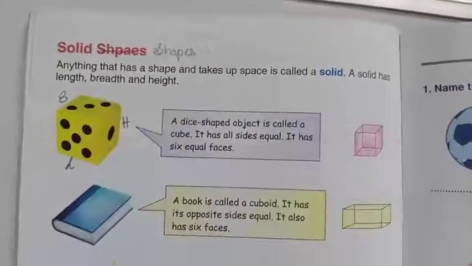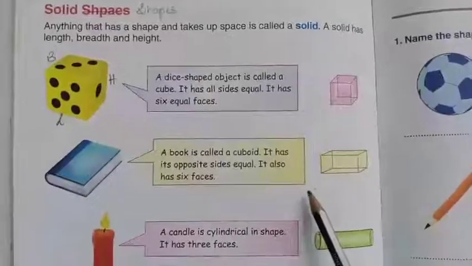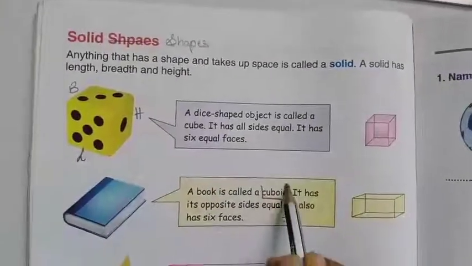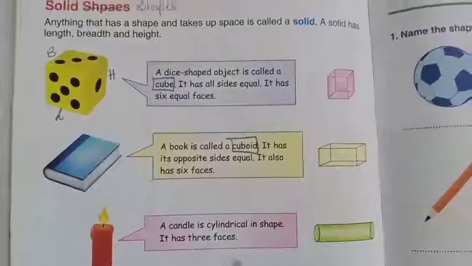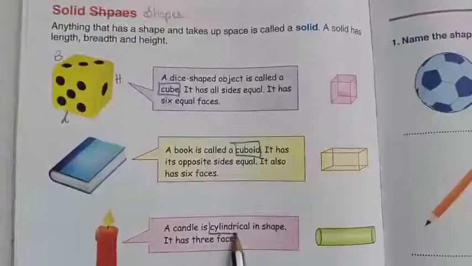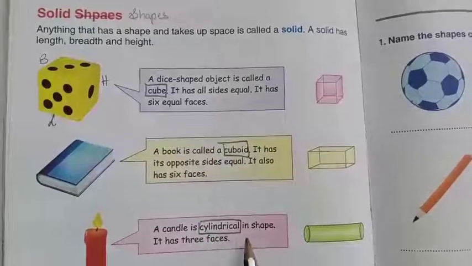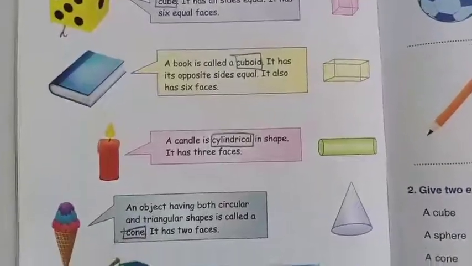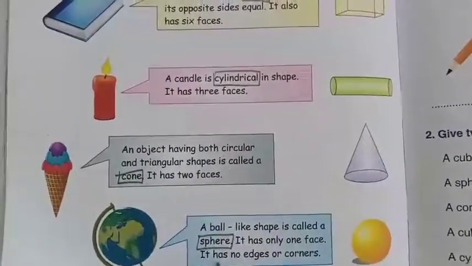So today in solid shapes we have learned a cube, C-U-B-E, cube. And the next one, cuboid, C-U-B-O-I-D, cuboid. And the next one, cylindrical, C-Y-L-I-N-D-R-I-C-A-L, cylindrical. And the next ones are cone and sphere, S-P-H-E-R-E, sphere.